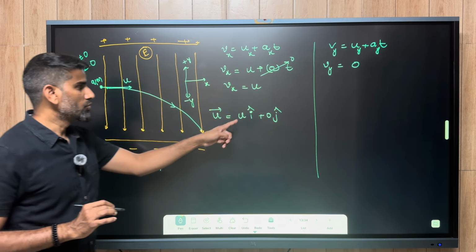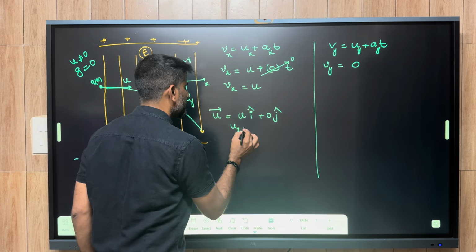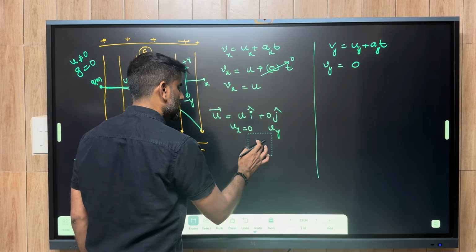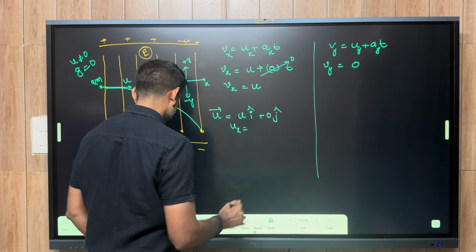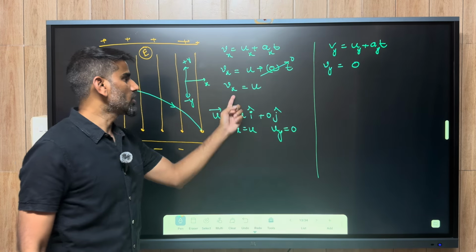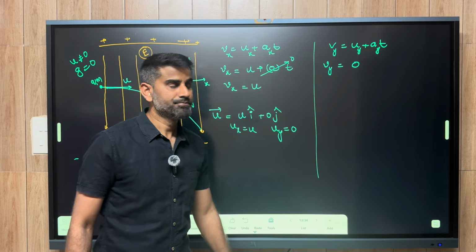So Ux is u, Uy is 0. These are the two quantities that I've used in these equations.